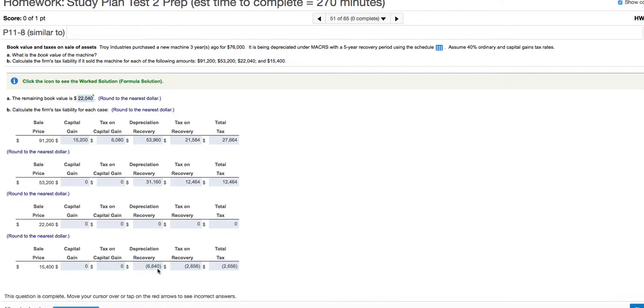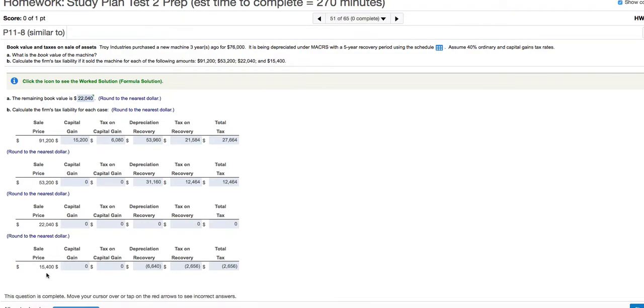So in this case, we have essentially a loss on depreciation recovery that's a negative number, $6,640, of which 40% is going to give us a tax benefit. So 40% of that $6,640 is $2,656. So there's a tax benefit to the company. There's a tax benefit by selling the machine at a loss. So that's what's unique about the last one.